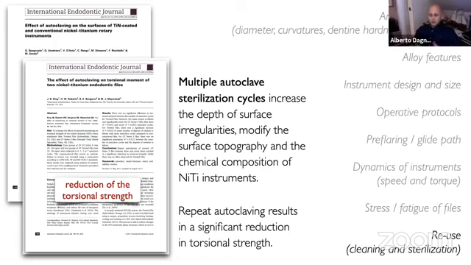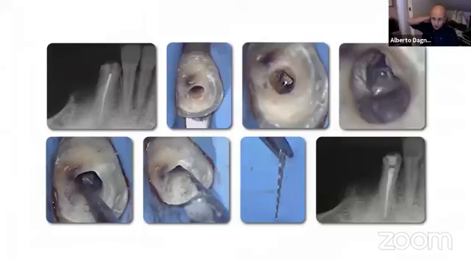We have to control the number of reuses inside a root canal, modulating the number of reuses to the difficulties we encounter during a root canal treatment. Or, if you want, we can choose modern single-use nickel titanium files, made with modern nickel titanium alloys. If we don't do that, we can find cases like this.